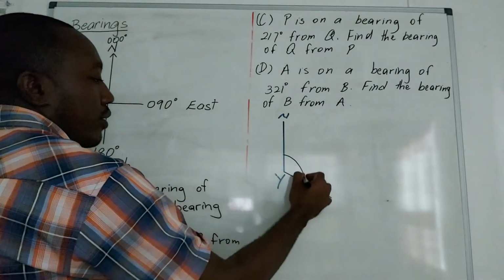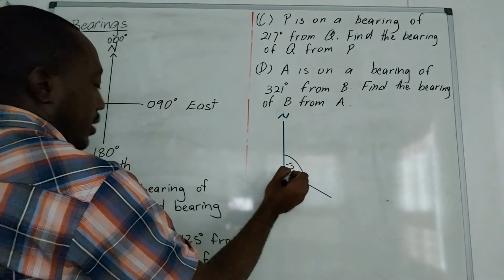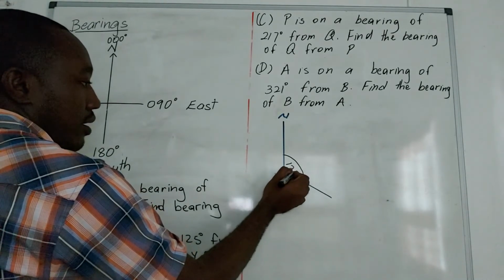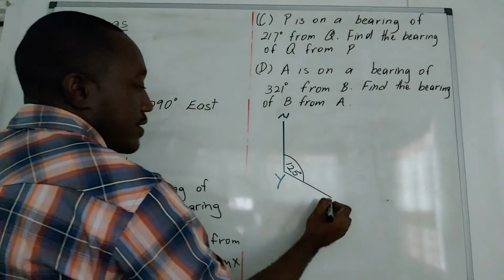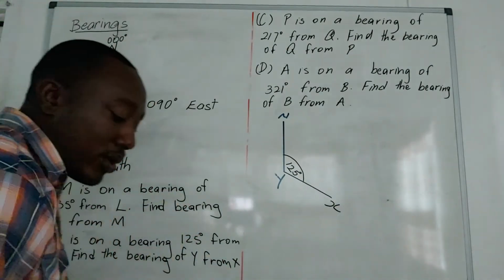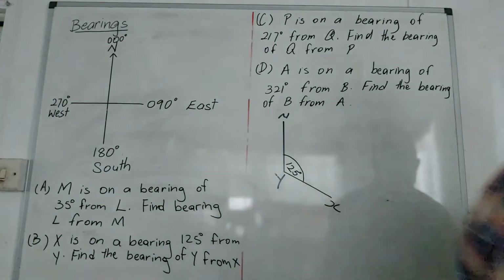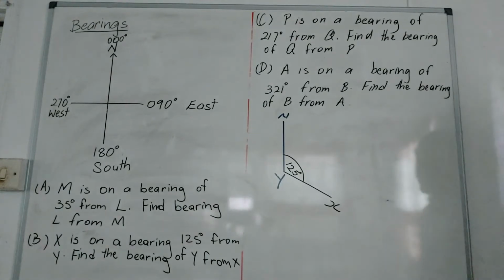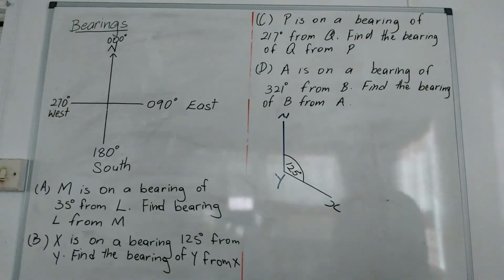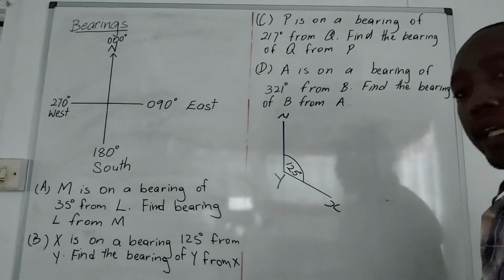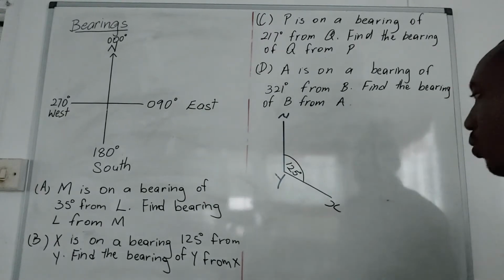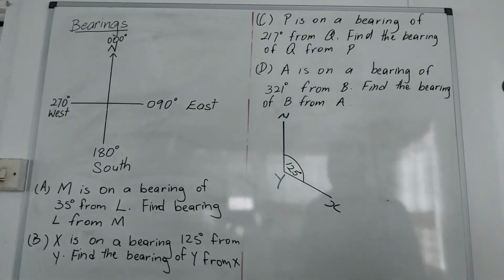So here we will have 125 degrees, and that is Y, and X would be here. Next, we have to calculate the bearing of Y from the point X.